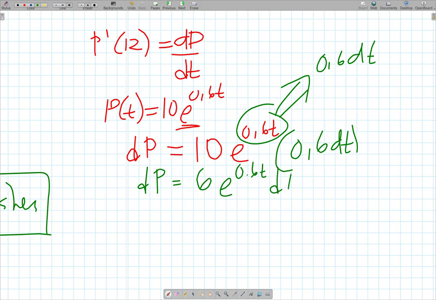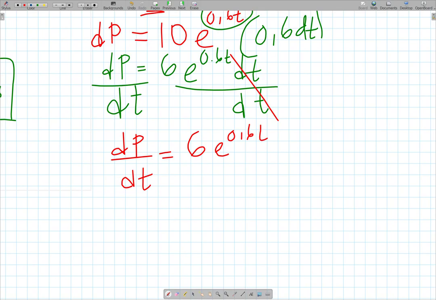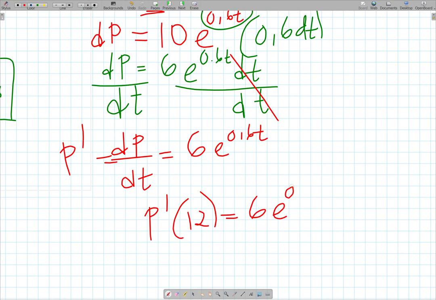0.60 dt. So, since I am looking for dP over dt, I have to divide this both side by dt. Di ba? So, cancel out. So, our dP over dt, no? dP over dt is equals to 6e 0.60. So, since our dP over dt is P prime, so your P prime of 12 months, no? 6e 0.6 times 12.